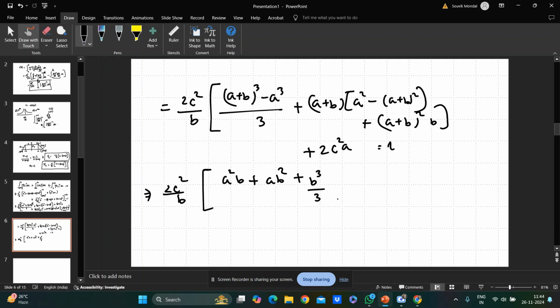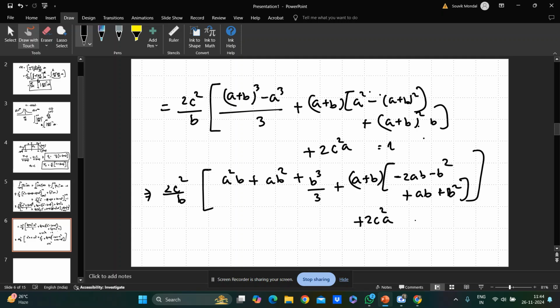So a square b plus ab square plus b cube by 3 plus a plus b into a square minus 2ab minus b square plus a plus b into b. Okay, so plus ab plus b square. Okay, so I am taking these two terms together, this term and this term together, plus 2c square a is equal to 1.